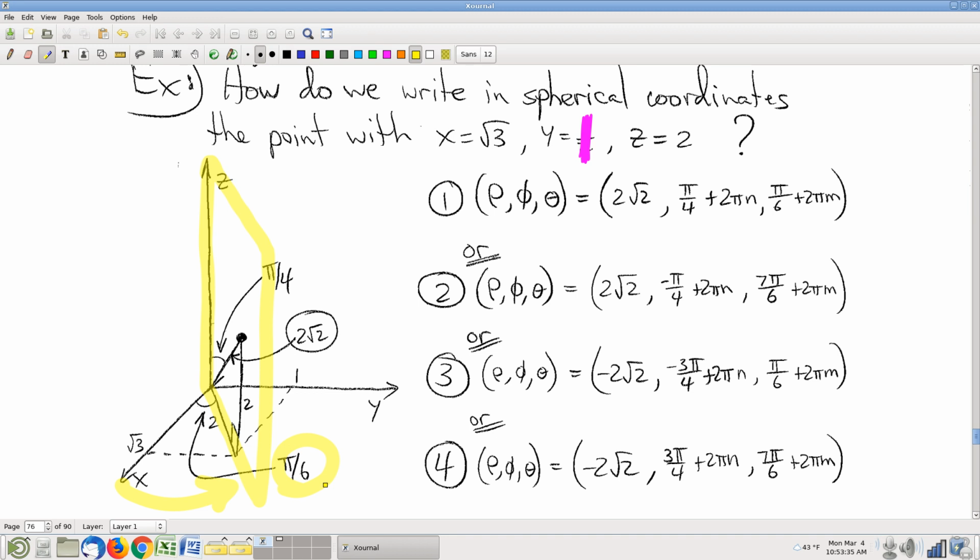That angle being pi over 6, so start with observing that theta is pi over 6. Next, well, we've already observed that angle, that's our phi, is pi over 4.